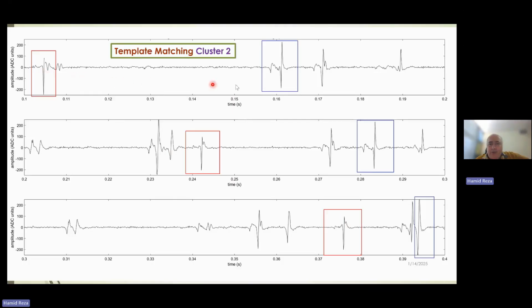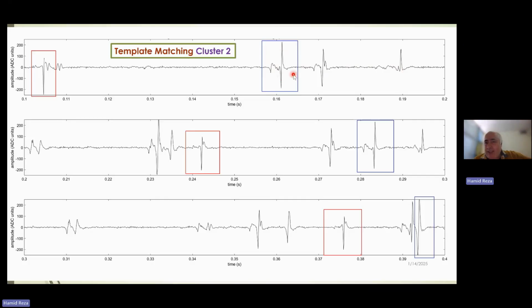I continue and I see, okay, there is another one, and I can differentiate it from the others because of the background noise, which is not that bad. The noise is not really high, so I'm able to locate the shape of the unit. And then I pick it as a template, and I try to match it through the signal.